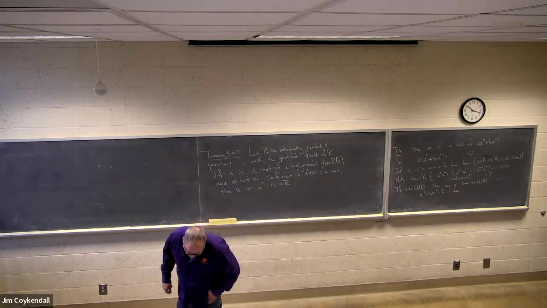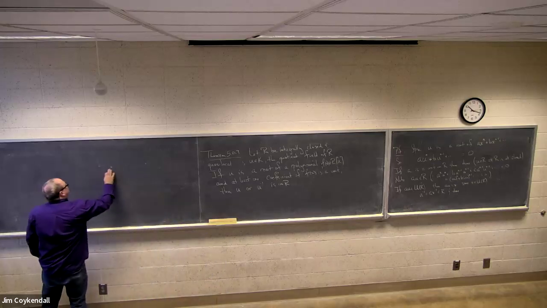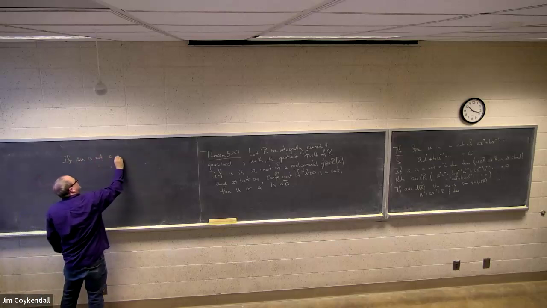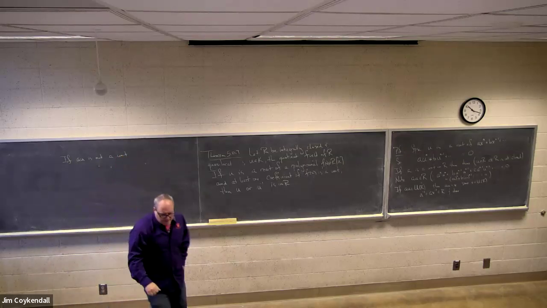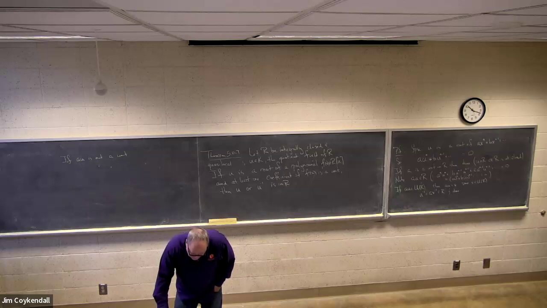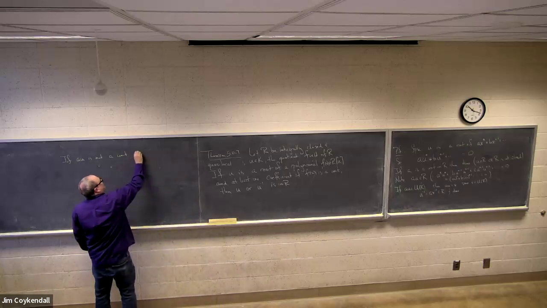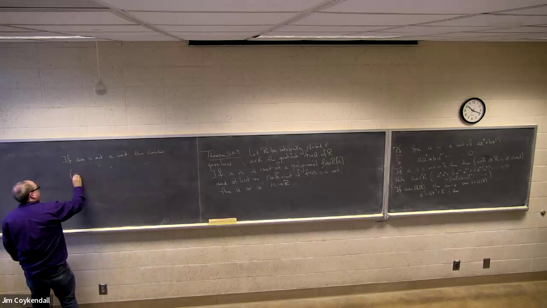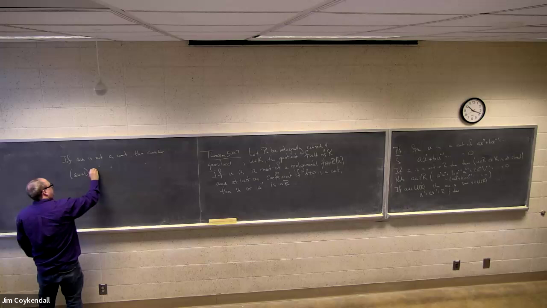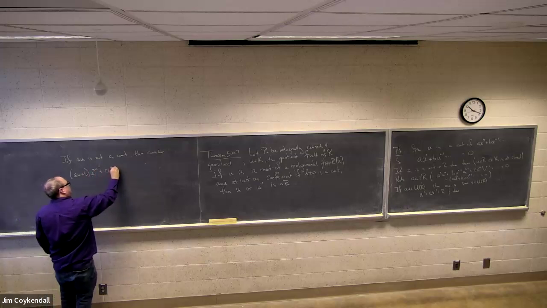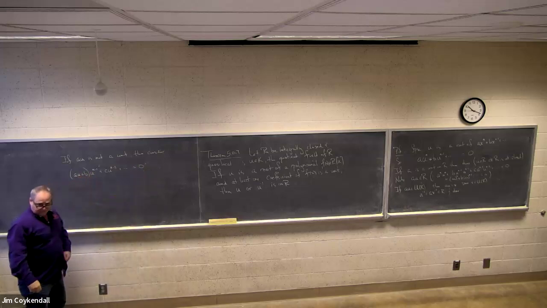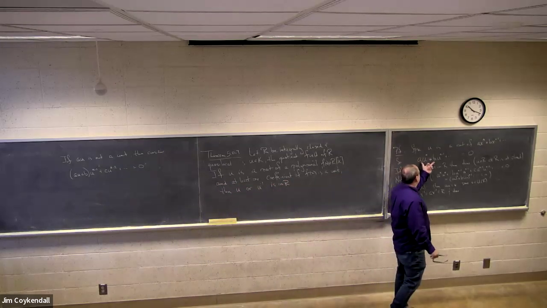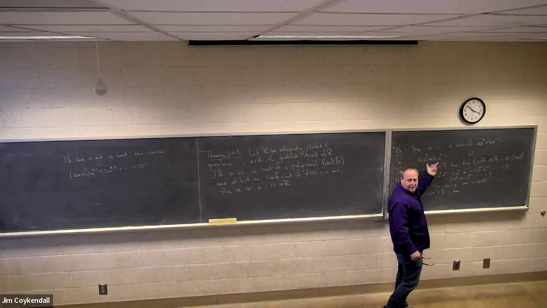And so, if AU is not a unit, then what I've done here in this case is, of course, I pulled U^(n-1) out of this, right?